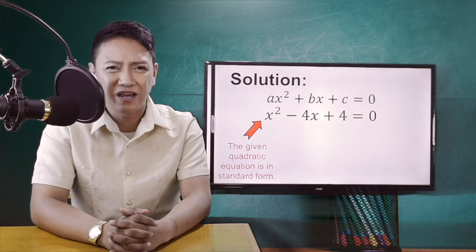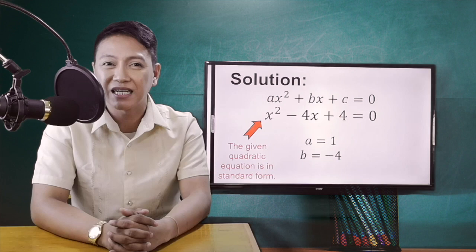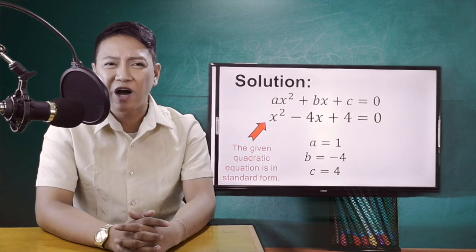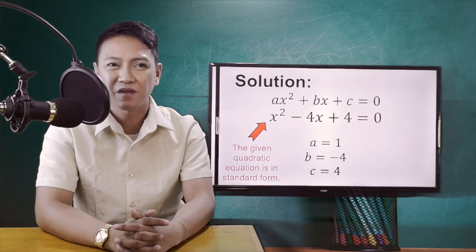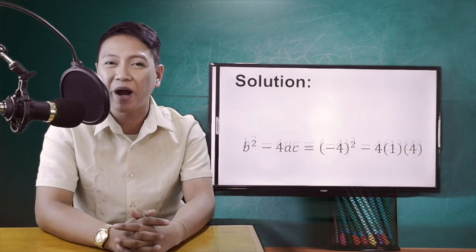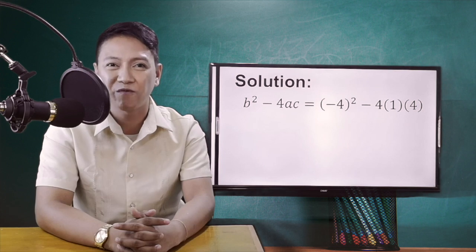So, in the given equation, a is 1, b is negative 4, c is equal to 4. Let us now substitute these values of a, b, and c in the expression b squared minus 4ac. The expression now becomes the square of negative 4 minus 4 times 1 times 4.